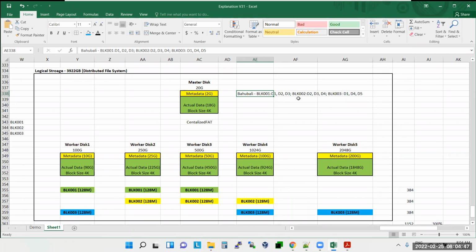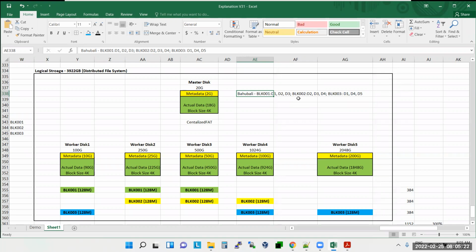Now, at the time of reading, I will check these 3. Let's say you are a team leader or a manager, and you have some work to do. Under you are 3 people, and all 3 can do it.